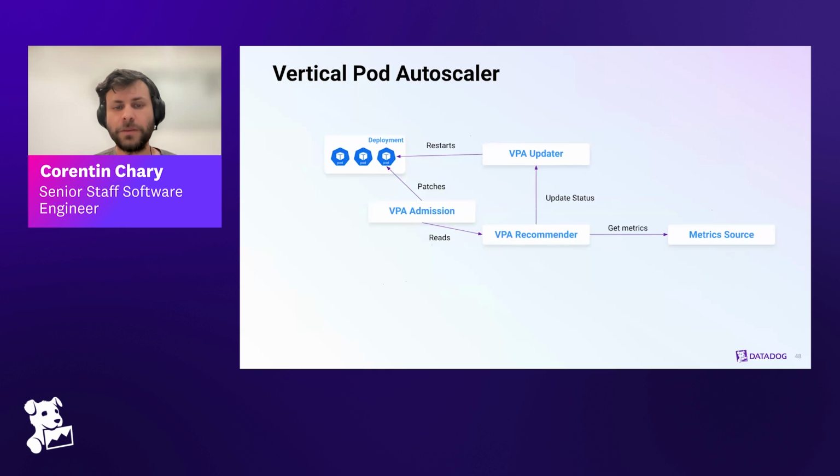The second one is the updater. It's going to look at running pods, see if their current resource allocation differs from the recommendation, and if it does, and if you have the right update mode, it's going to restart them. And while they're restarted, they are going to go through the admission controller, which is going to fetch the latest recommendation and apply it to the newly created pod.